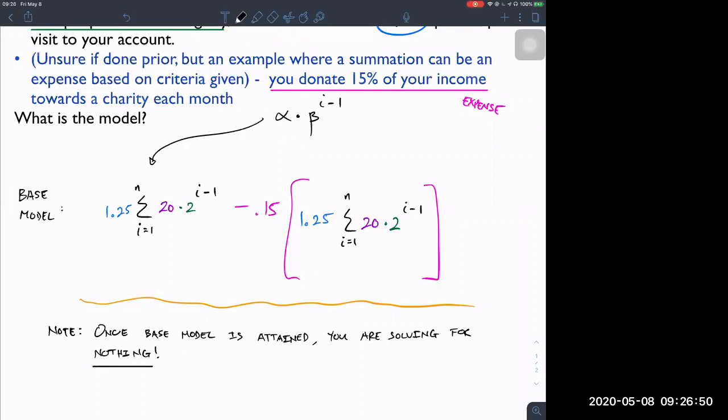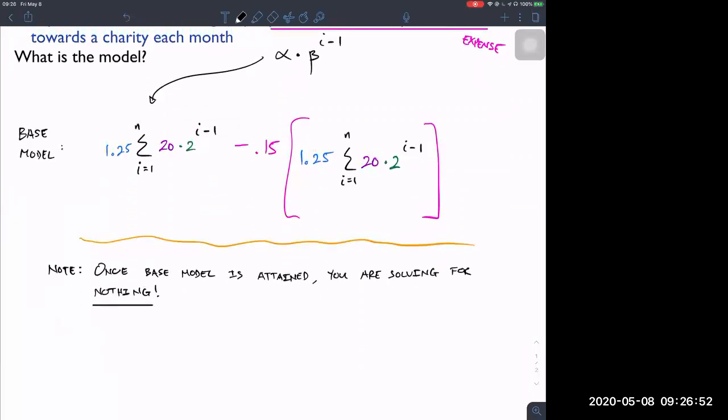There is no number that is supposed to result in this base model.